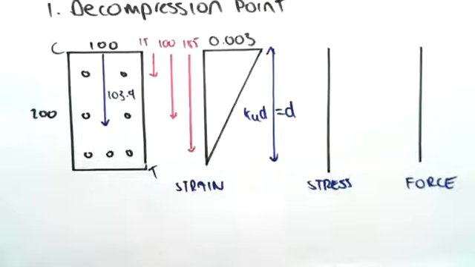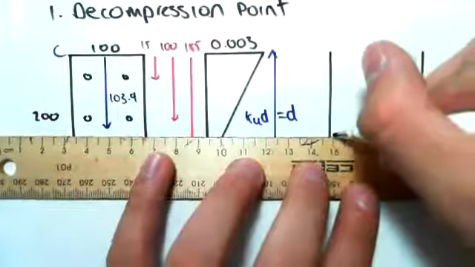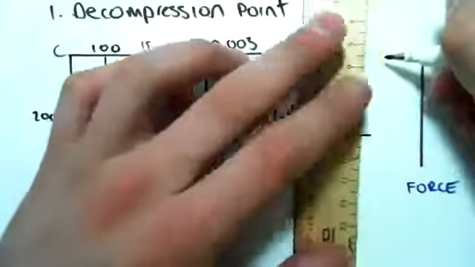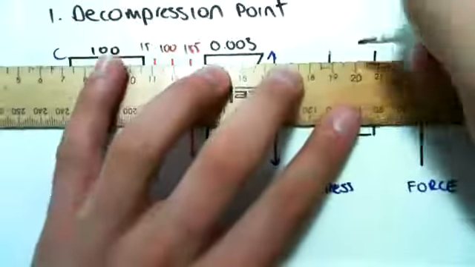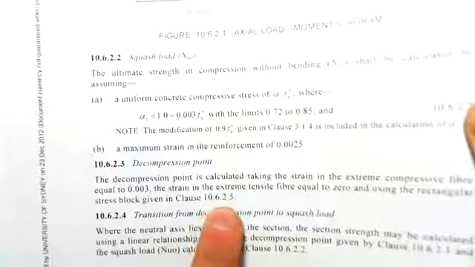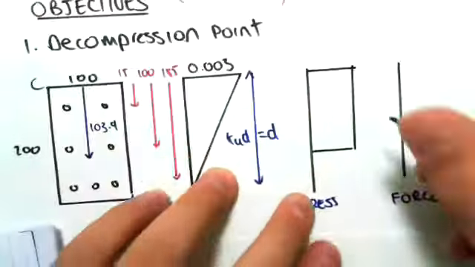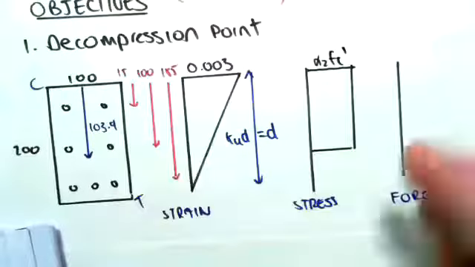For the stress picture, we're going to have once again our equivalent stress block. It says that for the decompression point the equivalent stress block can be taken from clause 10.6.2.5, which is just over the page where it gives you the values. Just like before, the actual stress is alpha 2 fc dash, where alpha 2 ranges, and we're going to come to that in a sec.